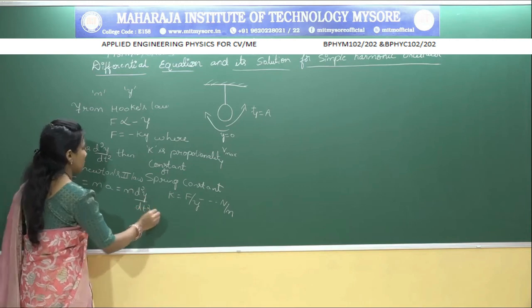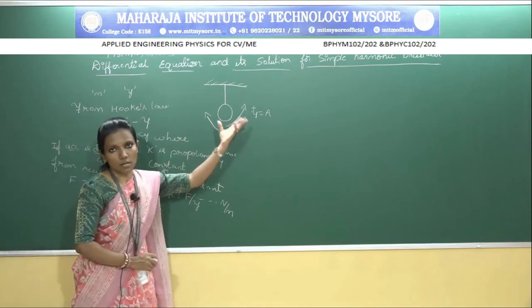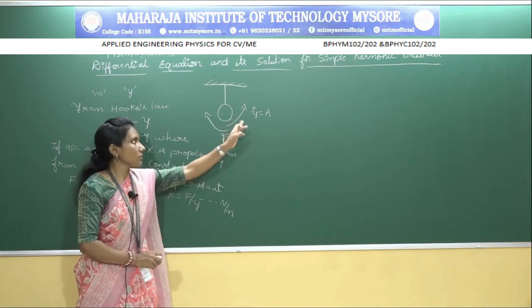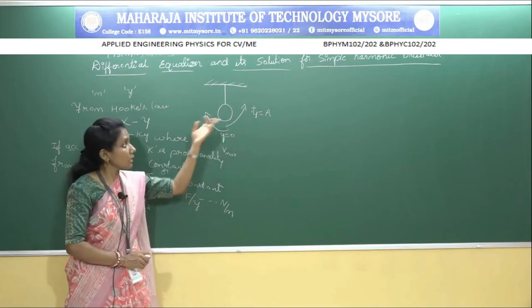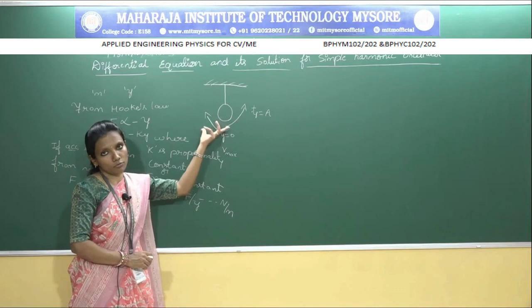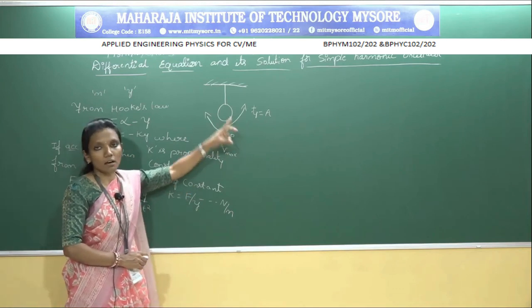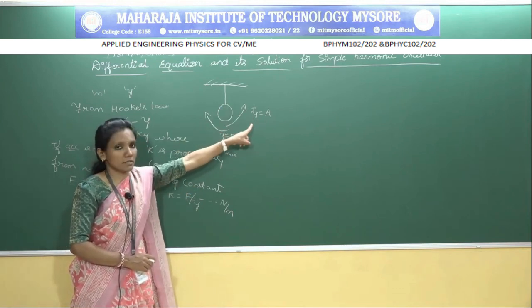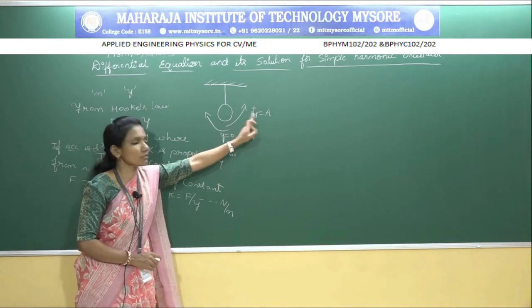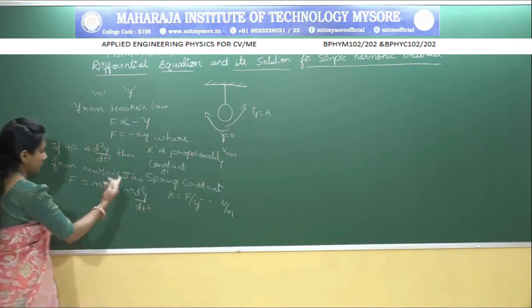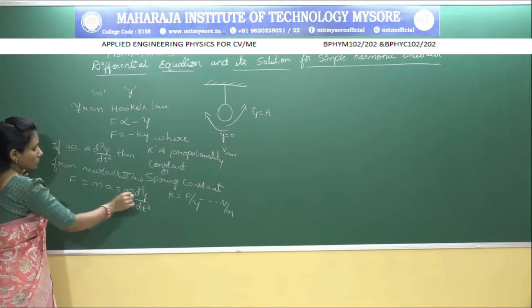Acceleration is always directed towards the mean position, opposite to the displacement. If the displacement is positive, then the acceleration is negative, and vice versa. So F is equal to m into d square y by dt square.